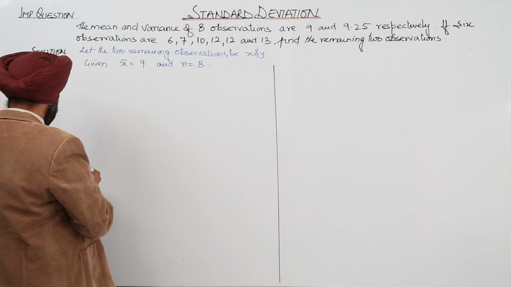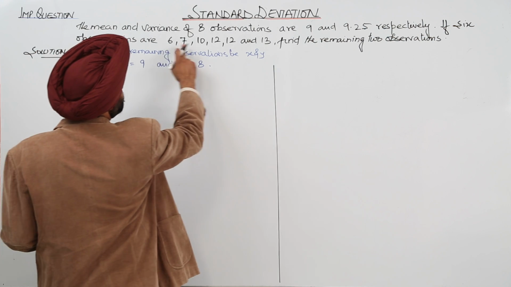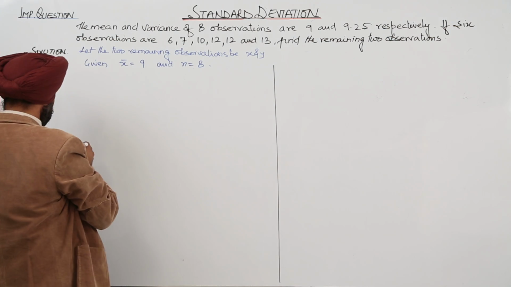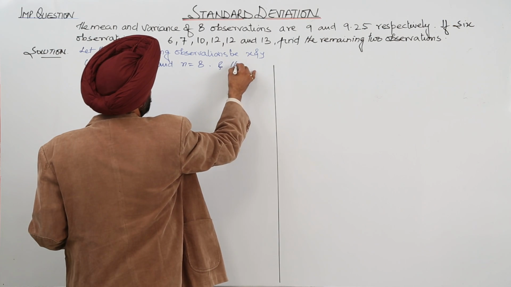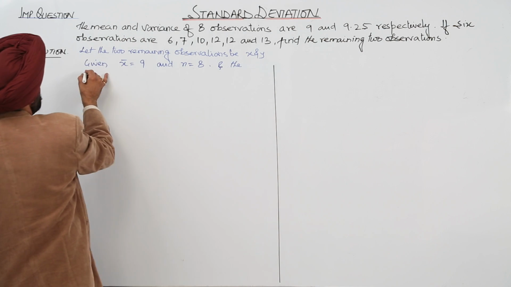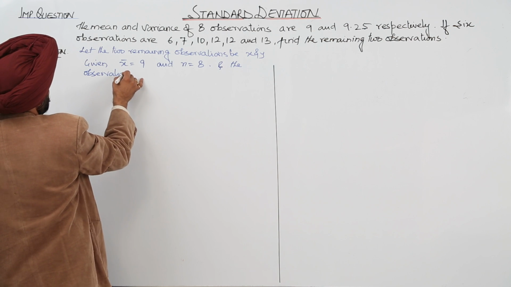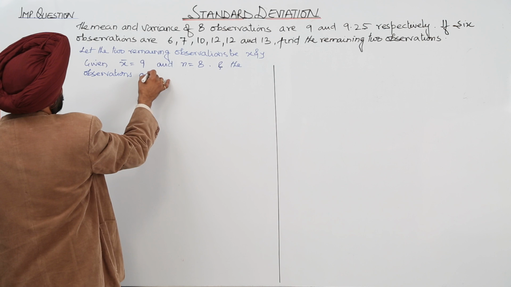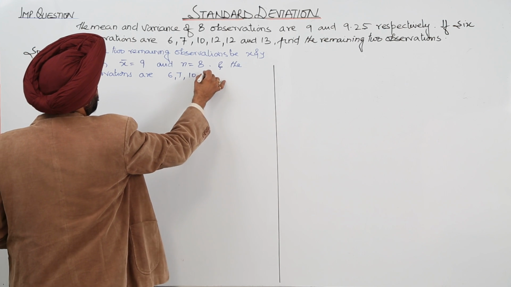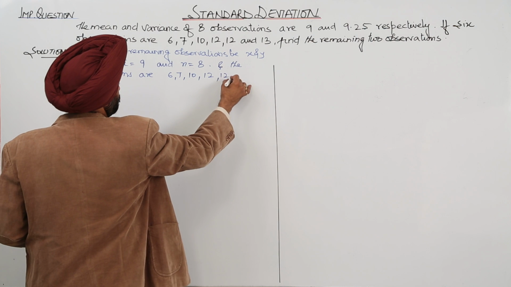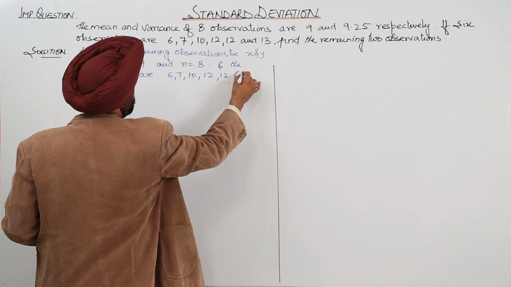Now what we can write here? Observations are 6, 7, 10, 12, 12 and 13.